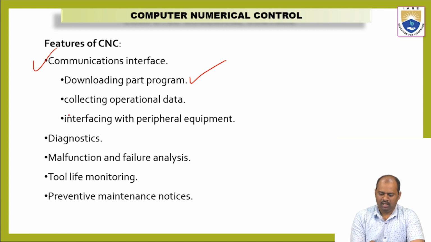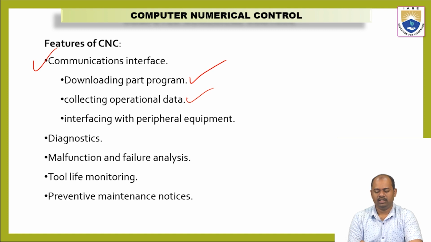And then the second one is collecting operational data. When the machine is working, we can collect data like what is the speed of the machine, what is the speed initially before the process has started, what is the speed during the process, and what is the speed while the machine is removing the material from the workpiece.